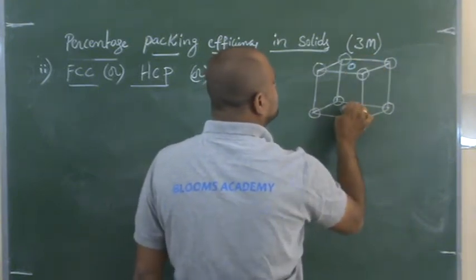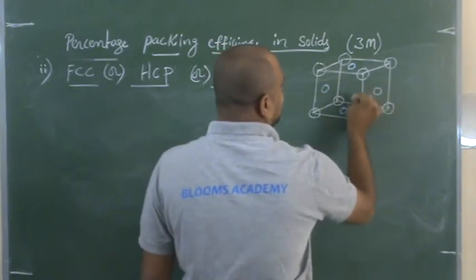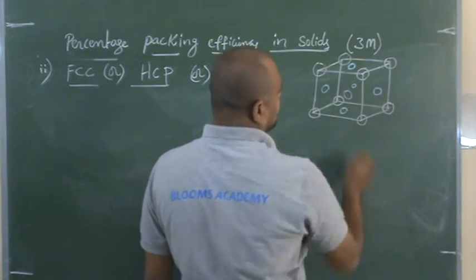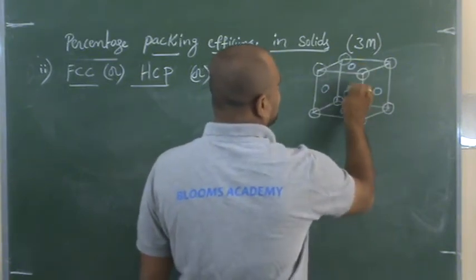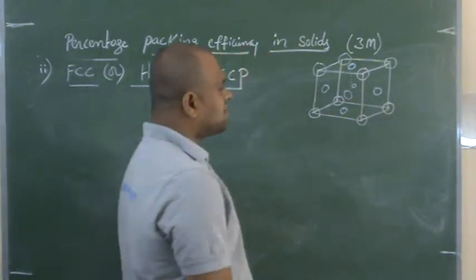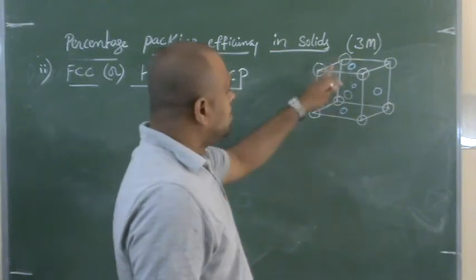Up one, down one, left side one, right side one, back one and front one. So totally there will be 6 face particles and 8 corner particles.